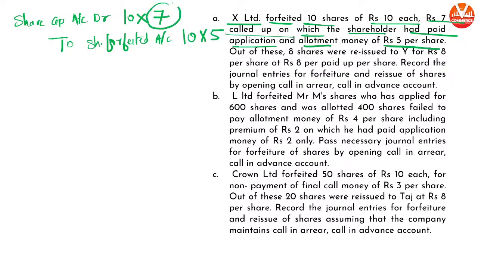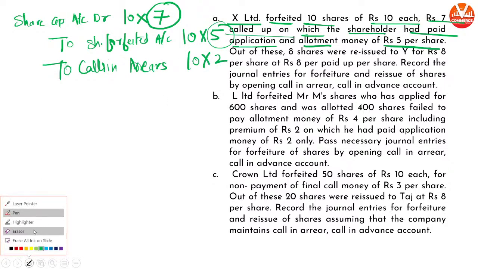Out of 7 called up value, you have received 5 rupees. So calls in arrears are 2 rupees. So 10 multiplied by 2, these are calls in arrears.